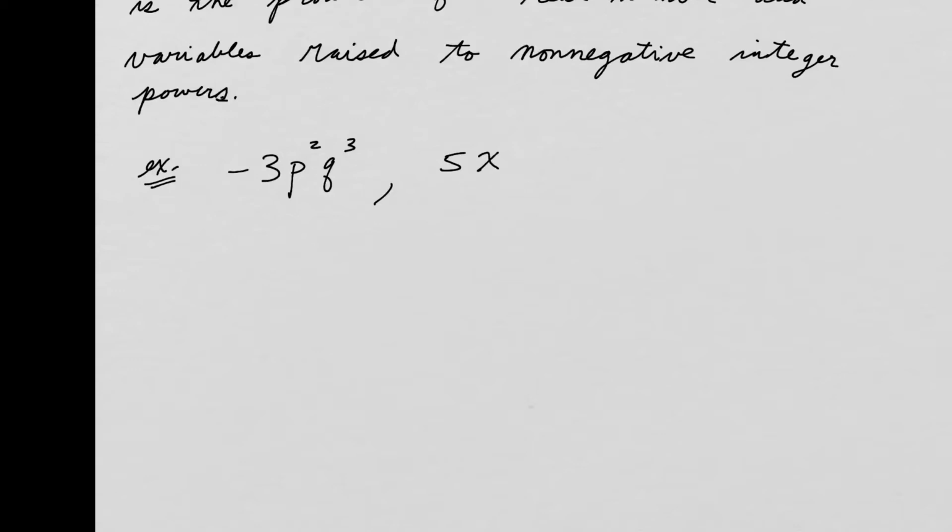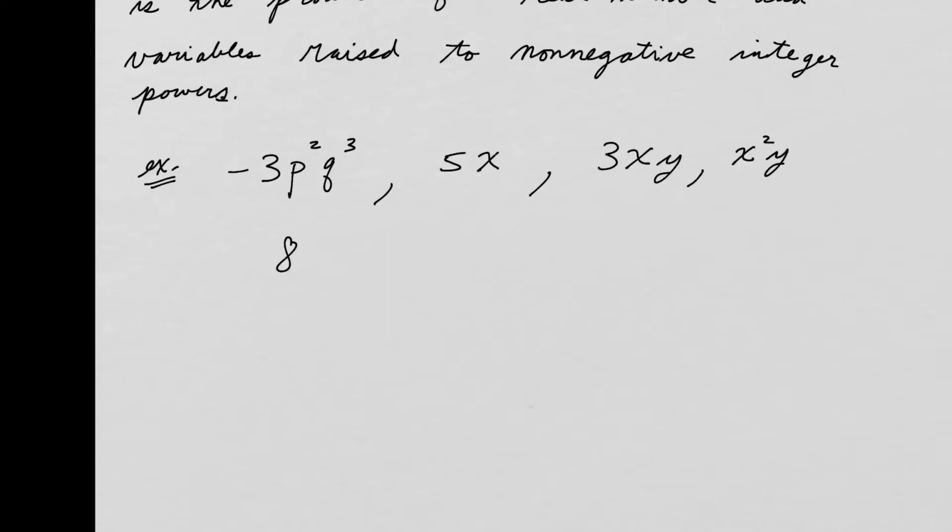Remember, x means x to the 1 power. That would be a monomial. 3xy. Or even if I just do x squared y. So now the thing multiplying in front is a 1, right? Even a constant, like if I just do 8, this is also a monomial, right?